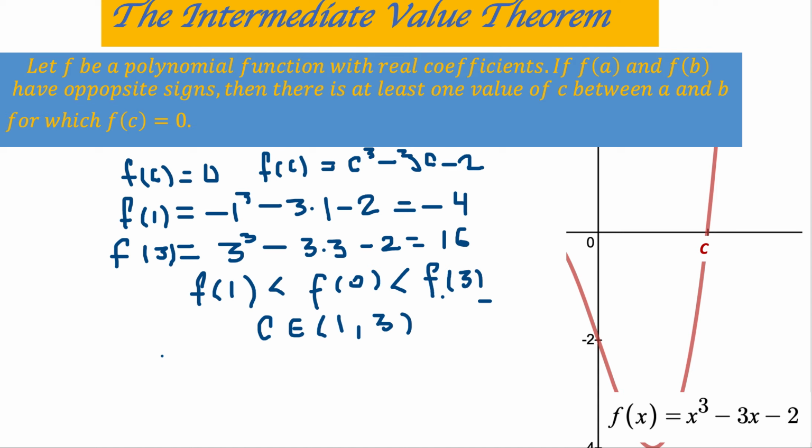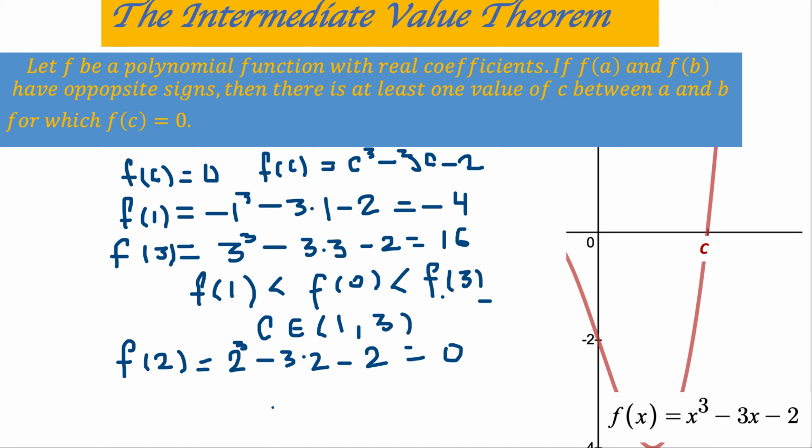But if we look here at f of 2, and we plug it into the equation, it is going to be 2 cubed minus 3 times 2 minus 2. We already see 2 cubed is 8, minus 3 times 2 is 6, and minus 2 is minus 8. 8 minus 8 is 0.